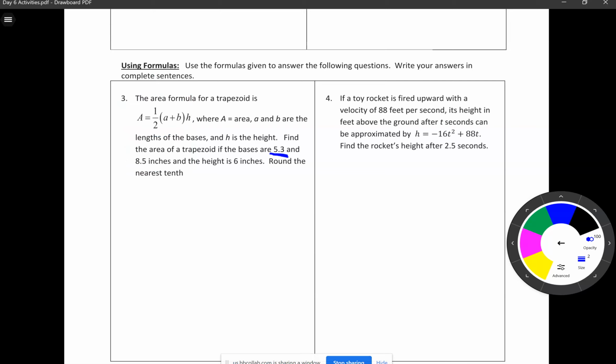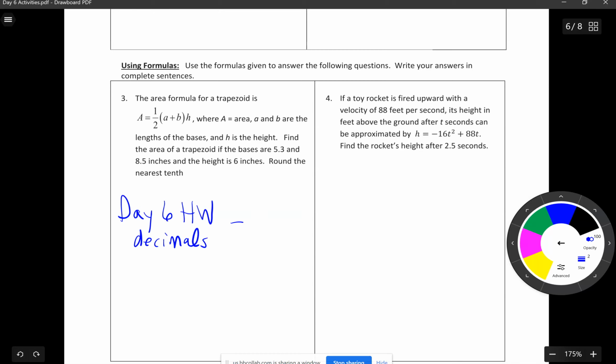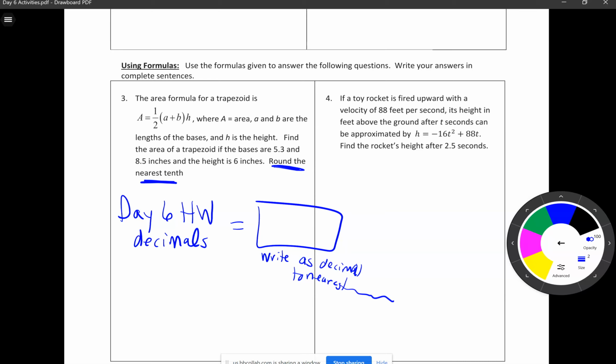In the day 6 homework, since it's the decimals day, they're probably going to have you in fine print say, write the answer as a decimal to the nearest whatever. So make sure you're reading how to round your answer. So just be really careful with that.